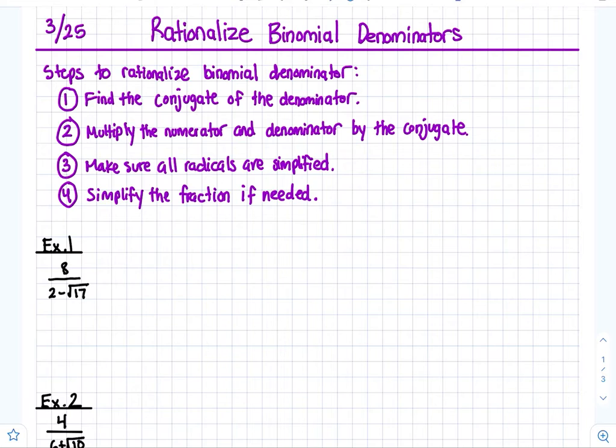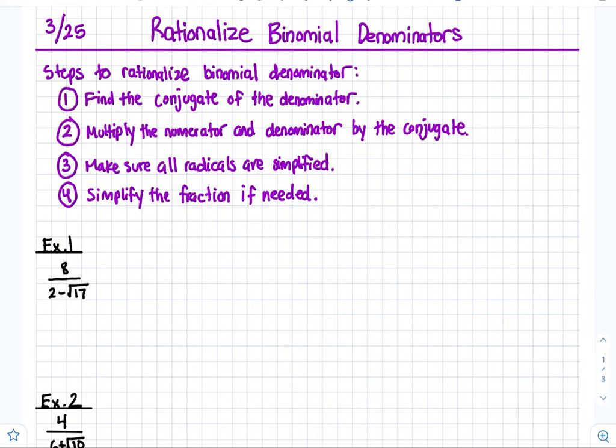When finding the conjugate of the denominator, here's the binomial, and remember the conjugate is this binomial but with the sign opposite.